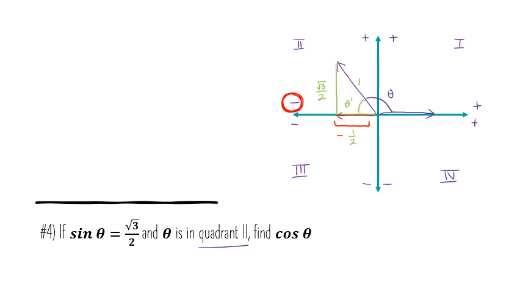That directly corresponds to the cosine of my angle, because the cosine is the adjacent side over the hypotenuse, which is just 1. So the cosine of my angle, it doesn't matter what that angle is, is negative 1/2.